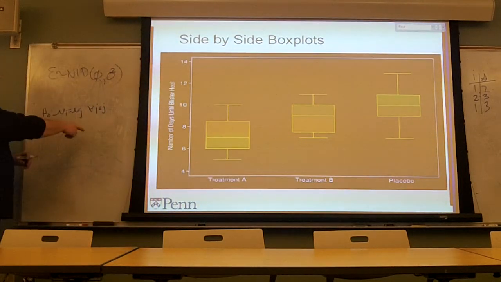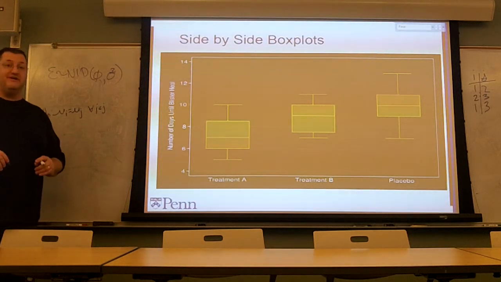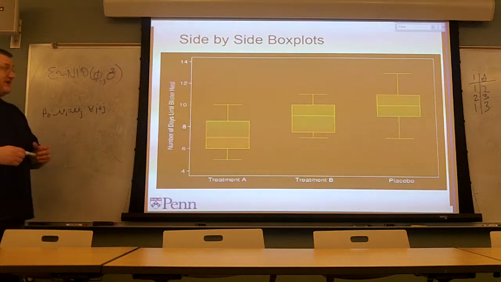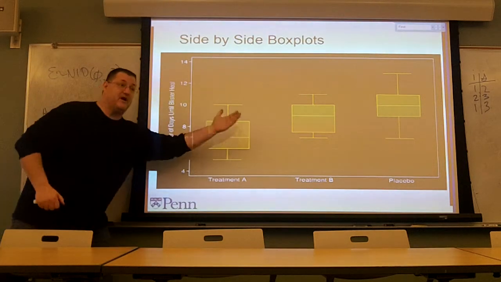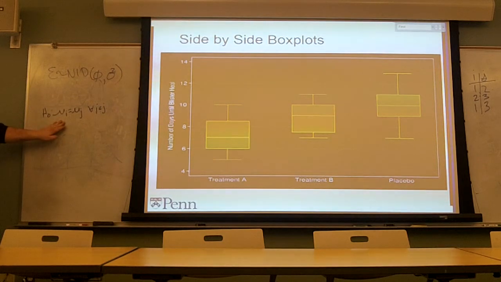It says that they're all the same. This is an important point about the ANOVA: it doesn't tell us if any of the specific pairwise comparisons are different. The ANOVA tests this hypothesis, that they're all the same.